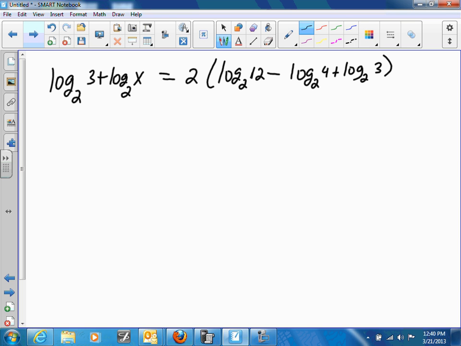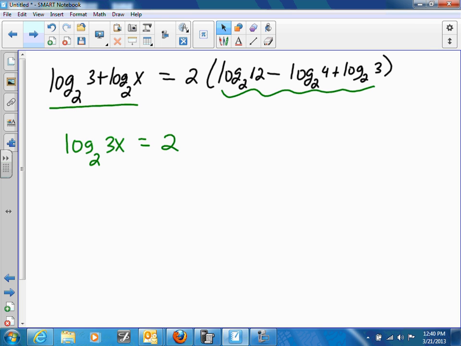Now, this left side is going to be easy because this is simply a multiplication. So this is log base 2 of 3x. Now I'm going to leave this 2 here, but I want you to notice which one comes first. Well, you have a subtraction and you have an addition. Well, in this case, we want to do this one first.